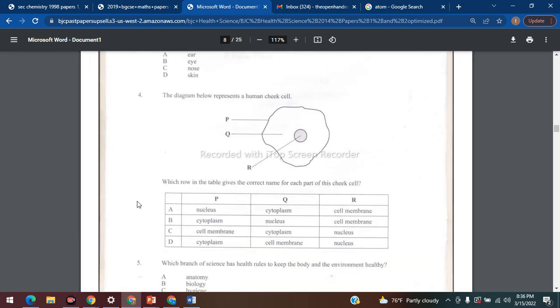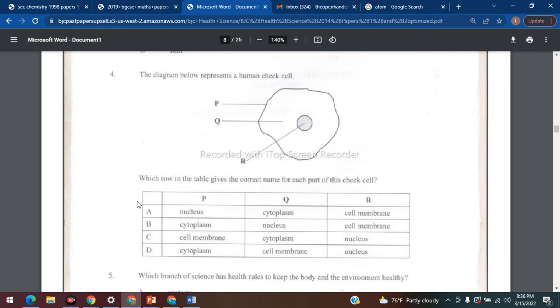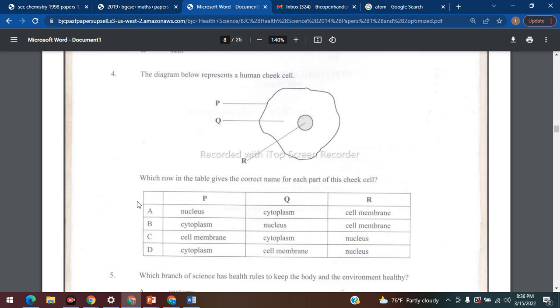Let me read it first, please. The diagram below represents a human cheek cell. So we have P, we have Q, we have R. Which row in the table gives the correct name to each part of this cheek cell?